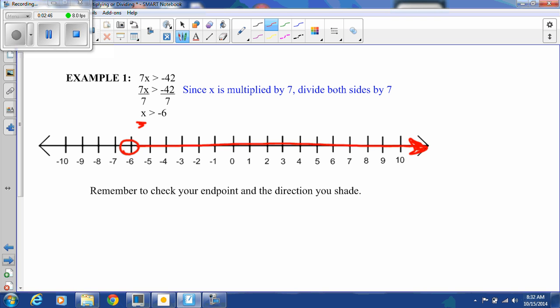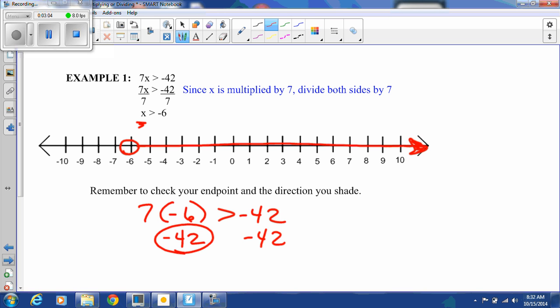Let's check our answer by checking the boundary point. The boundary point is negative 6. So we write 7 times negative 6 is equal to negative 42. All this tells us is that our boundary point, or our circle, should go on negative 6.